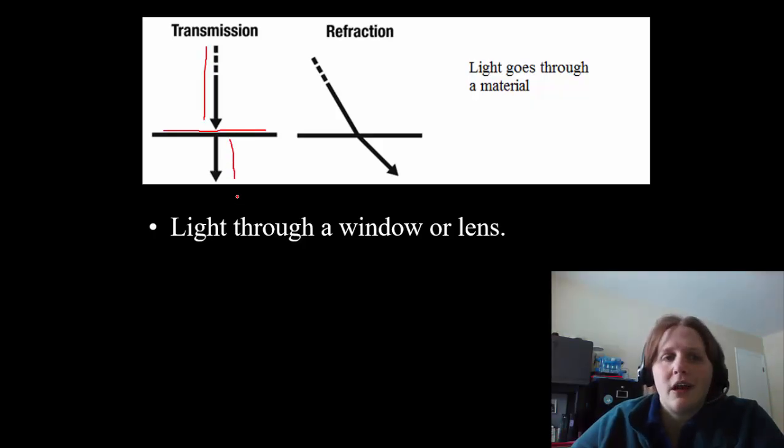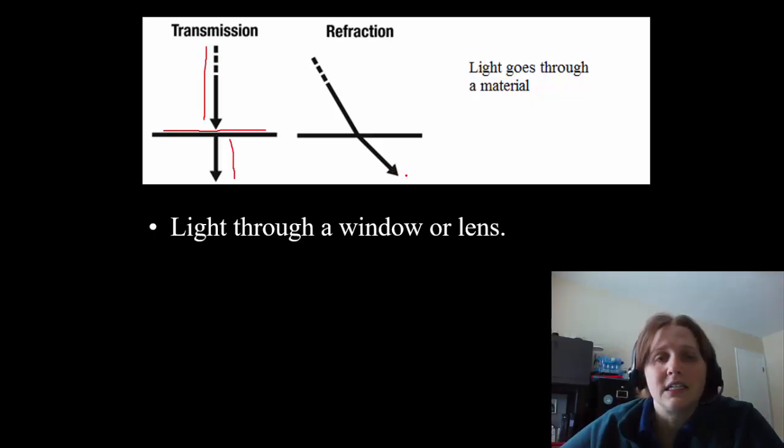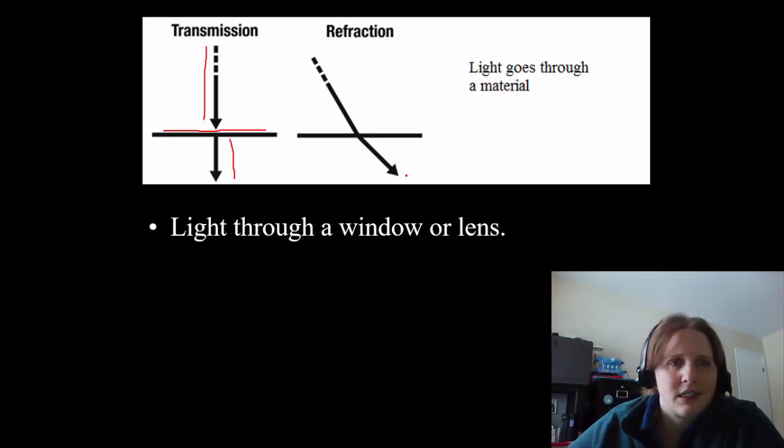So transmission, the light goes through a window. The light goes through the air. We would call it refraction if that initial path gets bent a little bit. So like when you wear glasses, the light goes through the glass and it bends a little bit. So then we would call it refraction. But in both cases here, light goes through the material.